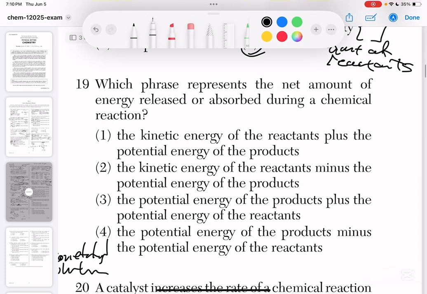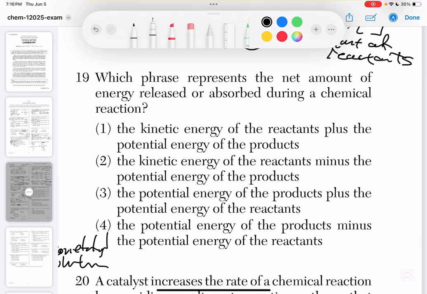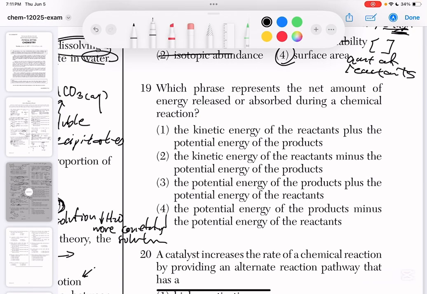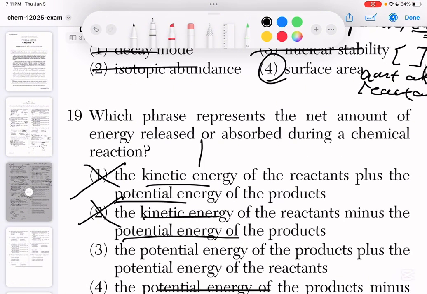Net amount of energy released or absorbed. Okay, so let's read through these. The kinetic energy of the reactants plus the potential energy of the products. That doesn't really make sense, right? So we're comparing kinetic energy to potential energy. What this is talking about is a potential energy diagram, and the bottom says reaction as reaction proceeds.